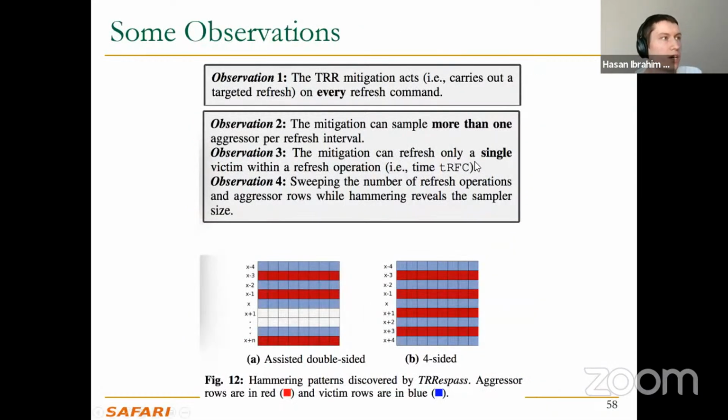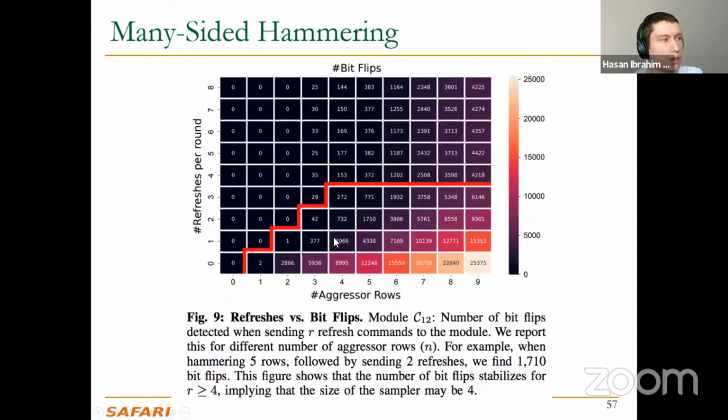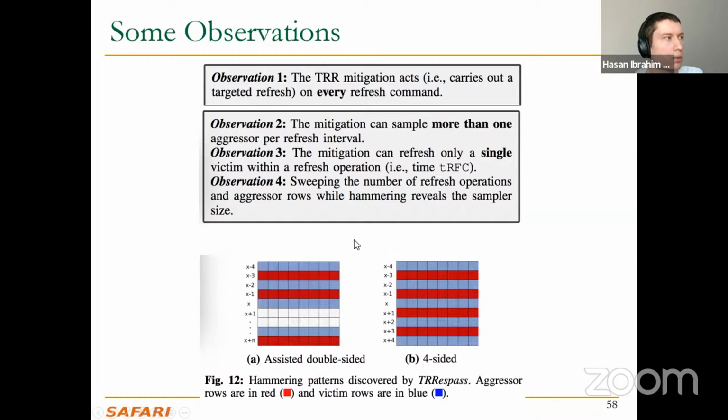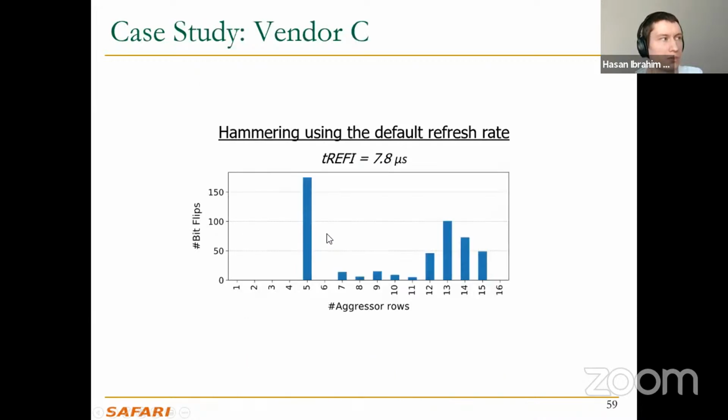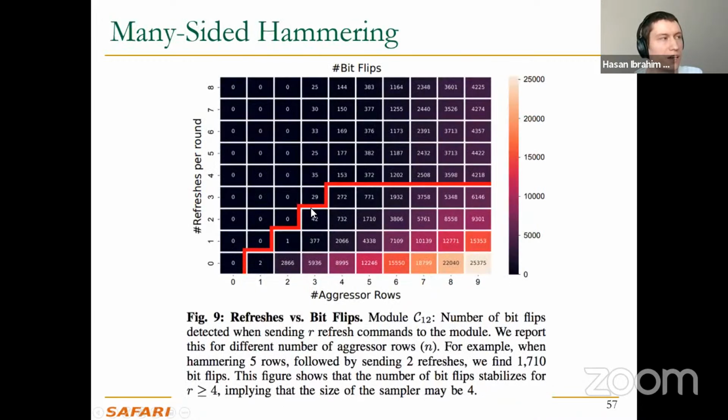Okay, and the mitigation can refresh only a single victim within a refresh operation. This is also an observation we can make based on this table. And observation 4 is that sweeping the number of refresh operations and aggressor rows while hammering reveals the sampler size, right? So this red line that we draw over here reveals the sampler size.